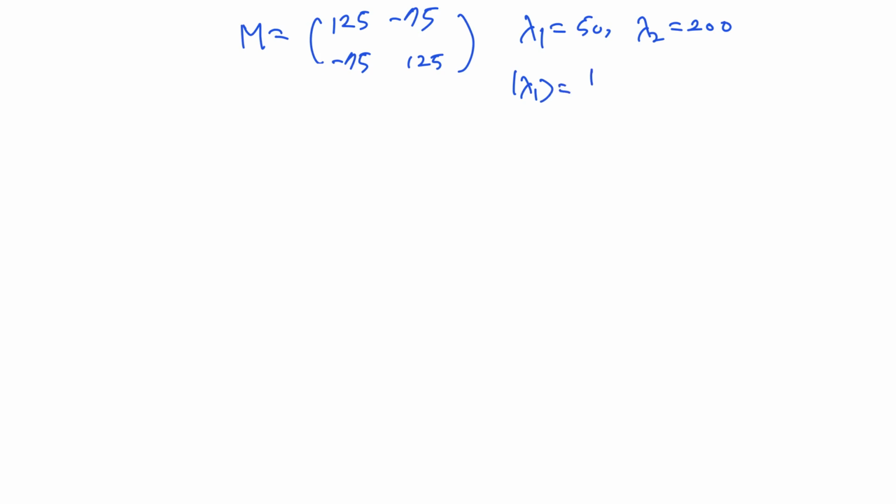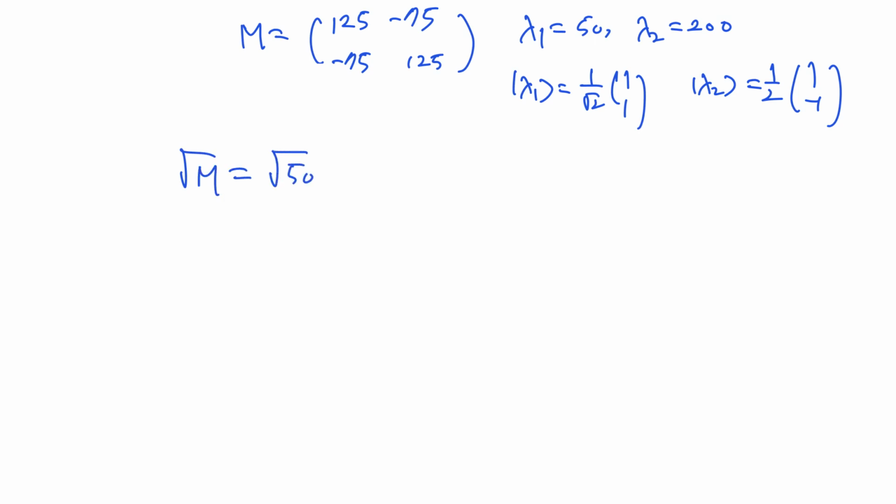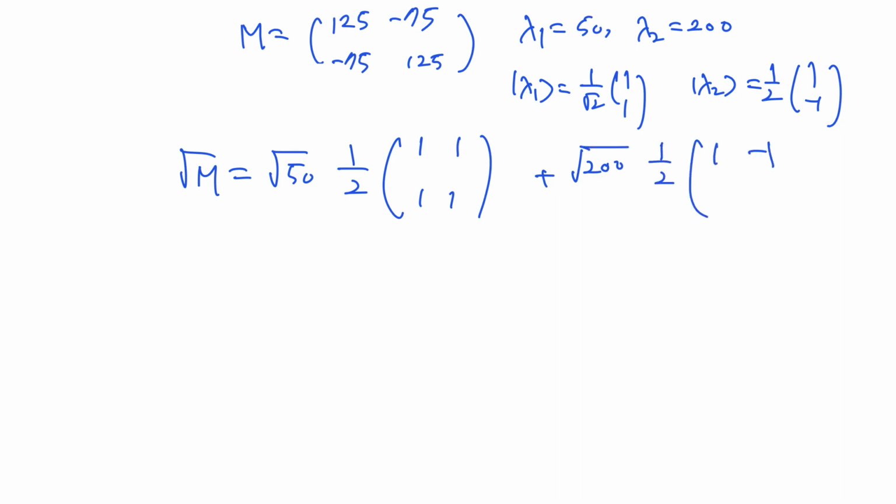with eigenvectors 1 over square root of 2 times (1, 1) and (1, minus 1). The square root of M is simply square root of 50 times one half of (1, 1, 1, 1), plus square root of 200 times one half of (1, minus 1, minus 1, 1).